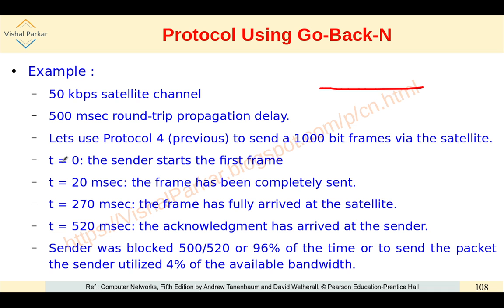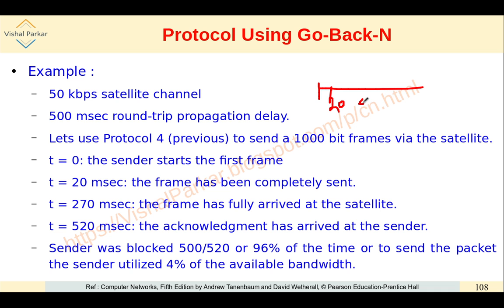For the initial go, that means at time 0, the sender starts the first frame. If it is a 50 kbps channel, to transmit 1000 bits, it will take 20 milliseconds. The first frame has been completely sent after 20 milliseconds.